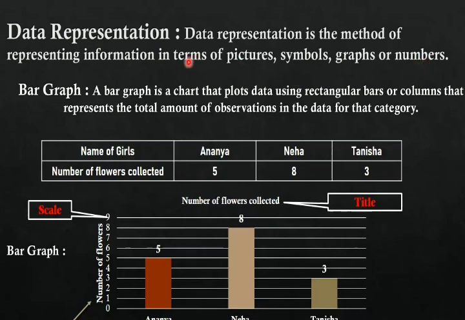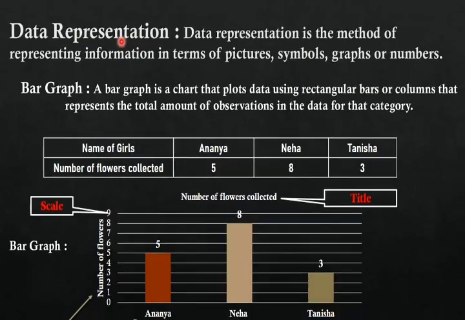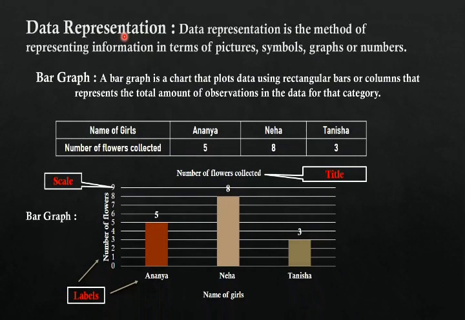Whatever the information, if you represent it in terms of pictures, symbols, graphs or numbers, that is what we call data representation. The information we collect is what we call data. We can draw certain conclusions by studying the data.